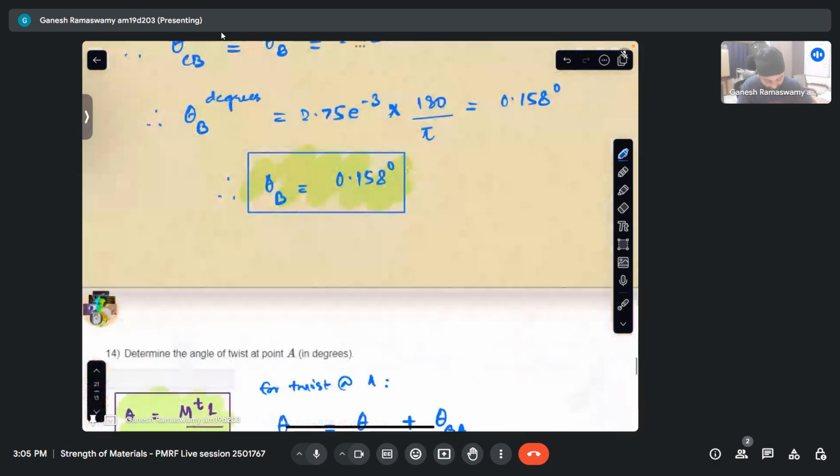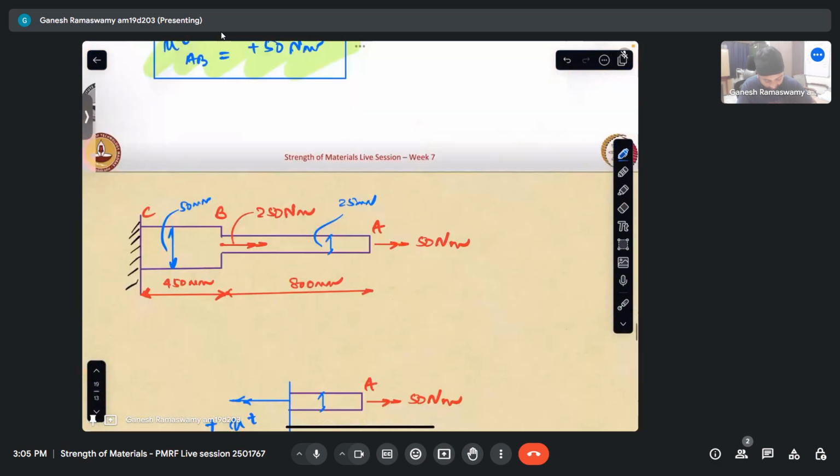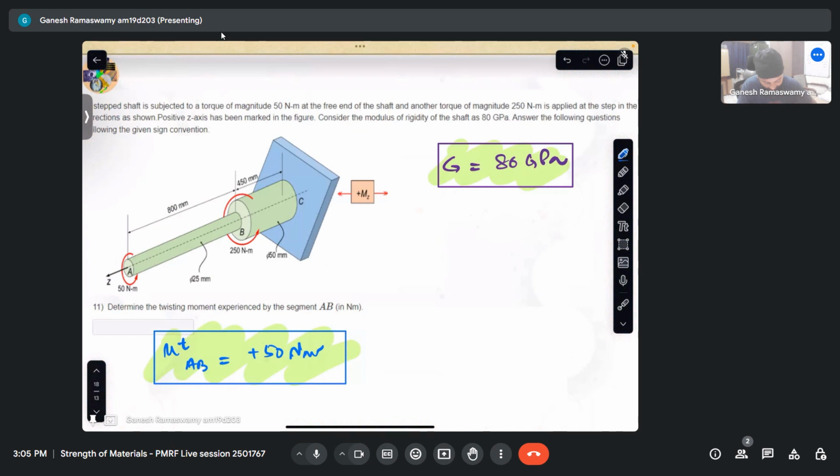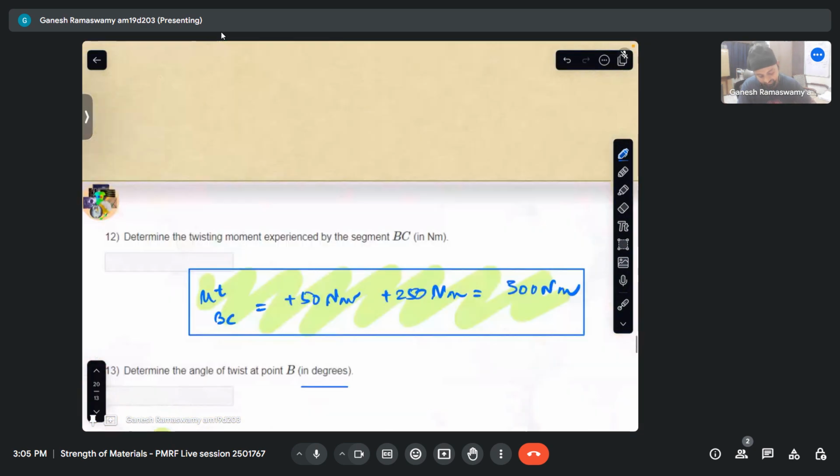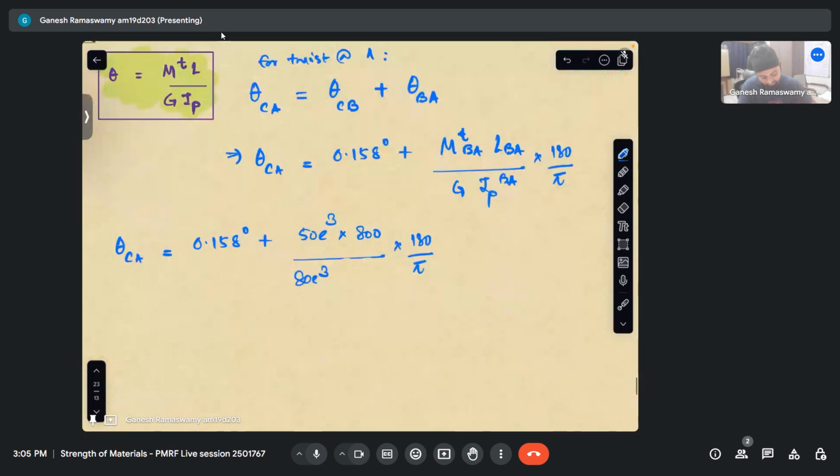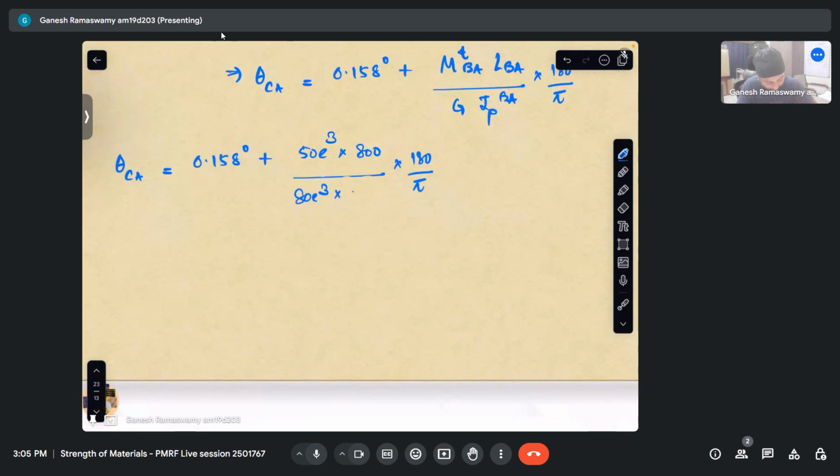It was 50 and this is 25. So this will be into pi 25 power 4 by 32. So let us calculate theta CA, what it comes out to be.